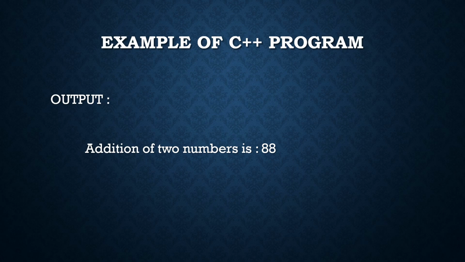In the cout statement we have written the statement addition of two numbers, so that will be in your output window, and along with it you get the addition value as output. Okay, so this is your first C++ program for adding two integer numbers.